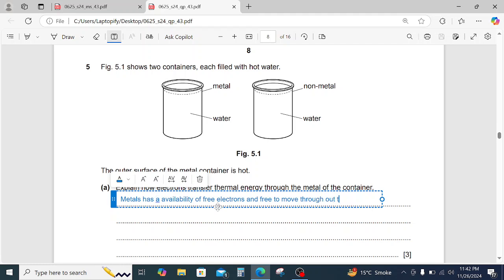That's why the outer surface of the container will be hot as compared to the non-metal, because non-metal is a good insulator, and metals are a good heat conductor.